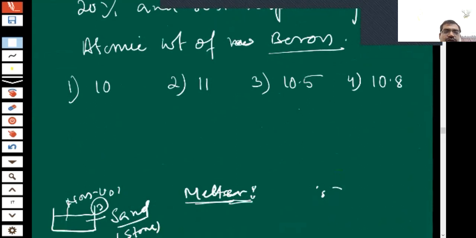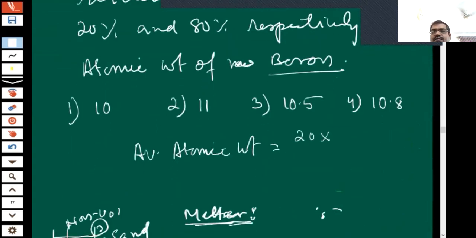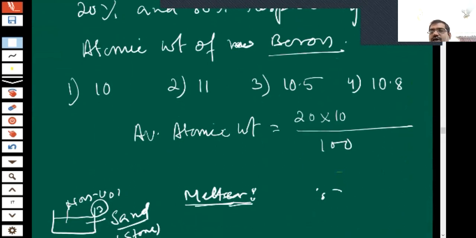So this is the average atomic weight, children. 20% of 10 means, suppose the atoms are 100, children. Simple calculation. If the atoms are 100, then out of 100, 20 members are having this mass, 10.